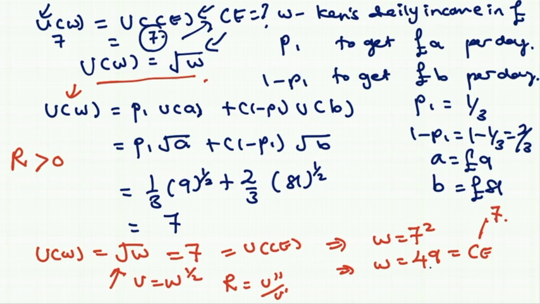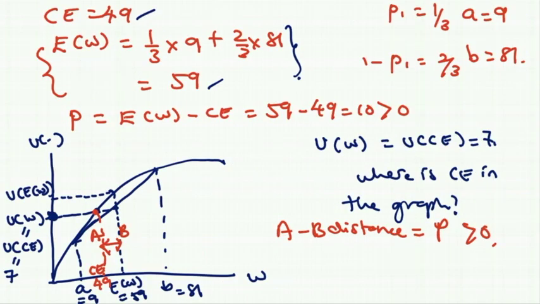And the certainty equivalent is 49, but the expected value of the wealth itself is 59, which is above the CE. All right, so this guy is actually a risk-averse person. If you don't believe me, then try to calculate his R.